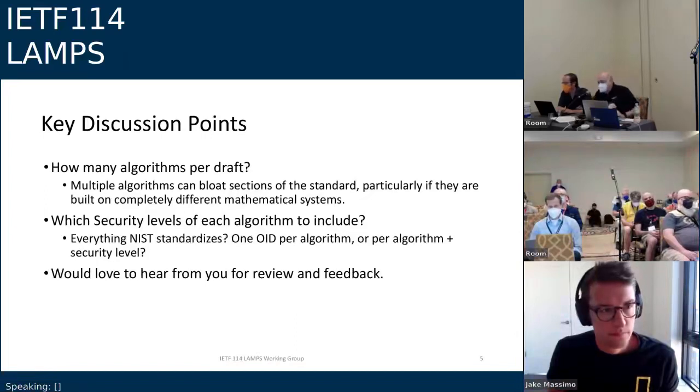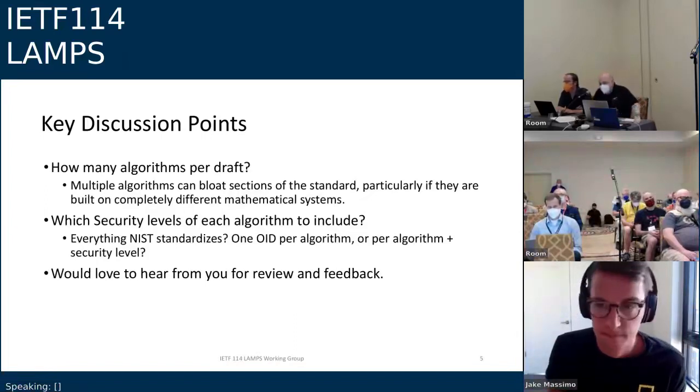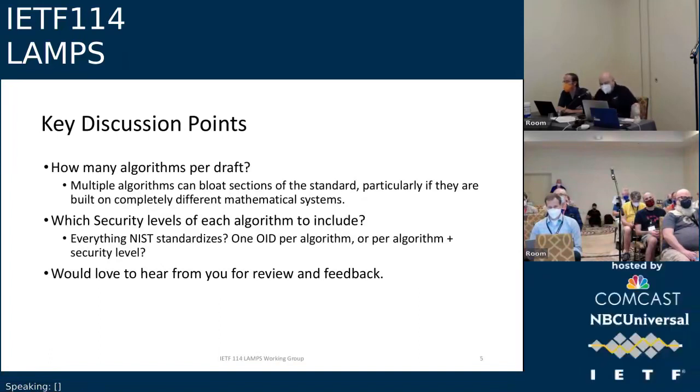Okay, so this gets us to the question: is this the right approach? It seems that we have some choices on this slide that need to be fleshed out. Do we want one PQ signature draft that has all three of the finalists, or winners, in it?